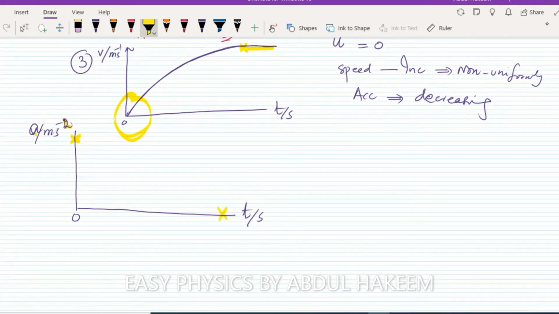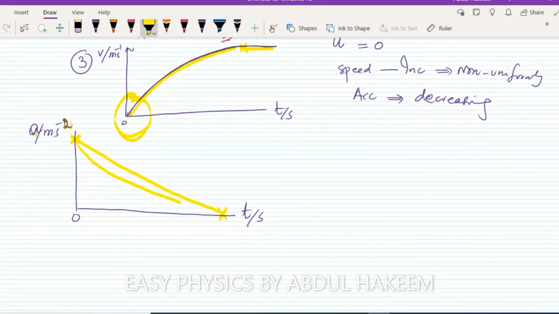So if the curve is uniform, then we can draw the straight line down. If the curve is non-uniform, then we can draw this one. So in both cases, the acceleration is decreasing, and finally it is becoming 0.